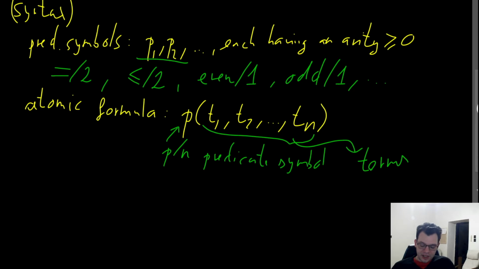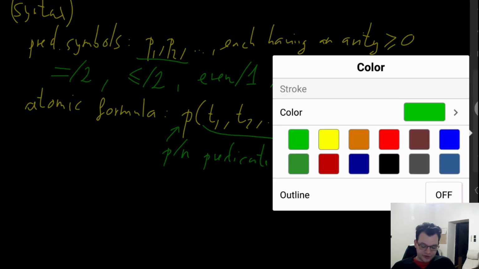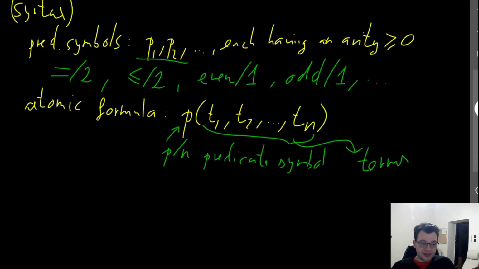Okay, so basically we have to take a predicate symbol and substitute the appropriate number of terms into this symbol.